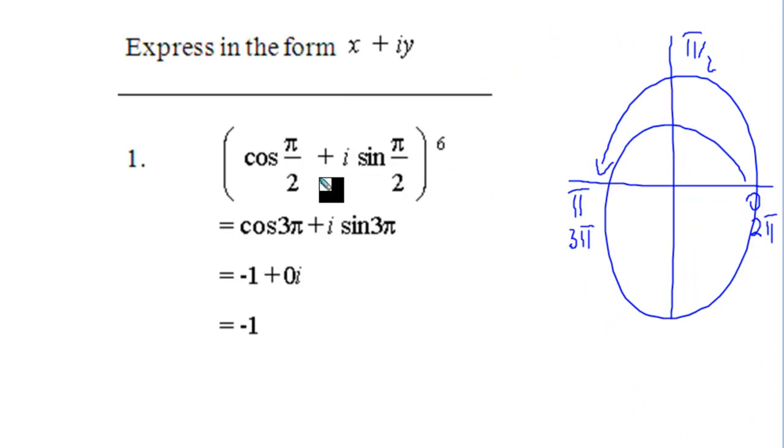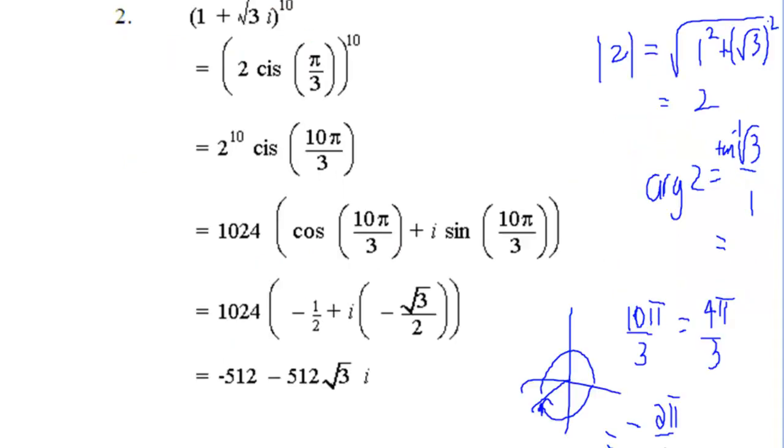If we look at this next one, we've just got to make sure that if something's in modulus argument form, we can apply De Moivre's Theorem and then get the correct angle and the correct value. If it's not in modulus argument form, we have to make sure we get it into modulus argument form.